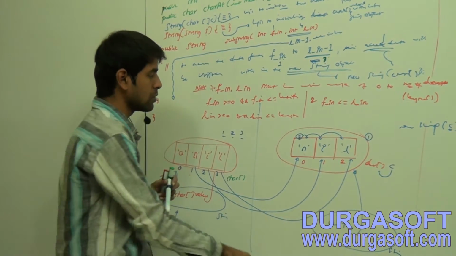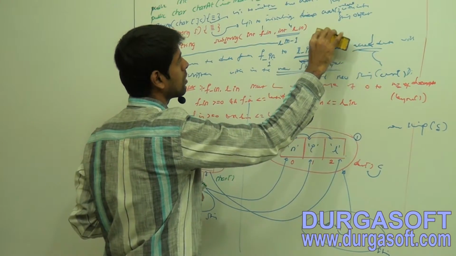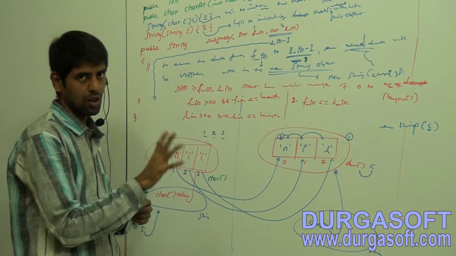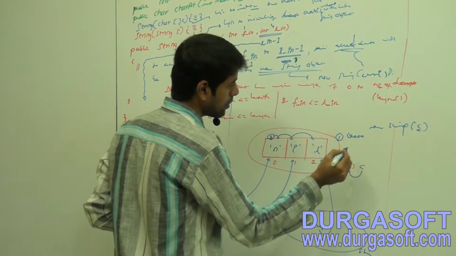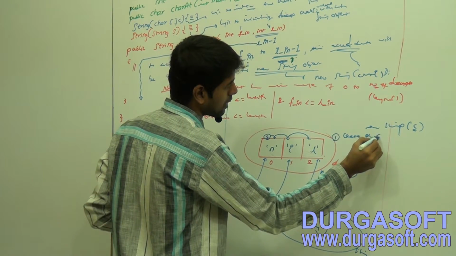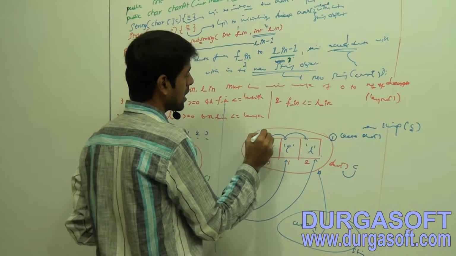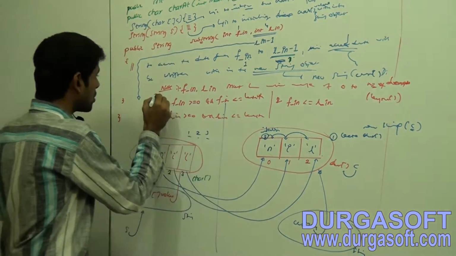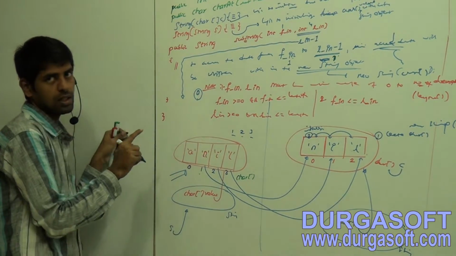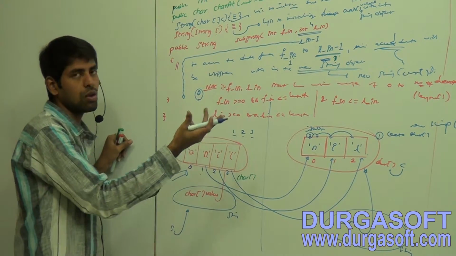Okay, now observe. This is the logic. First create a character array, and then initialize. Before that we have to check these conditions, and I'm going to use all of these things.